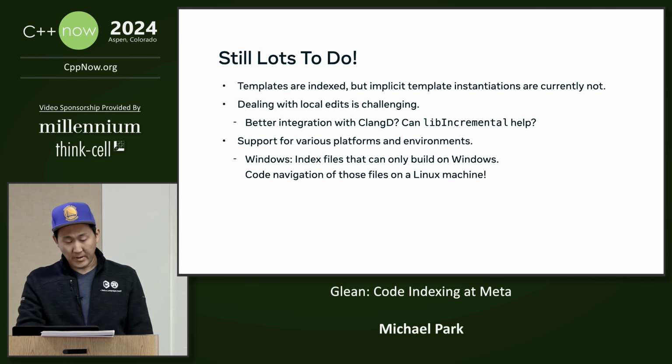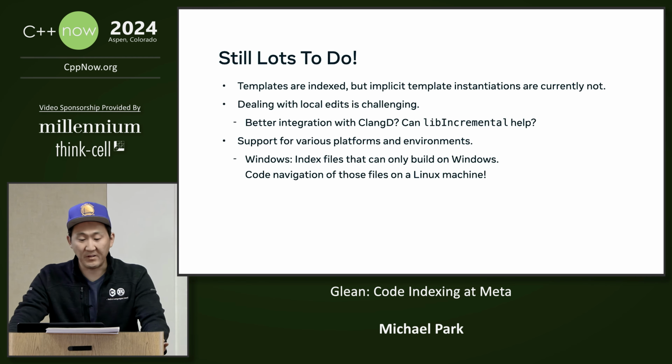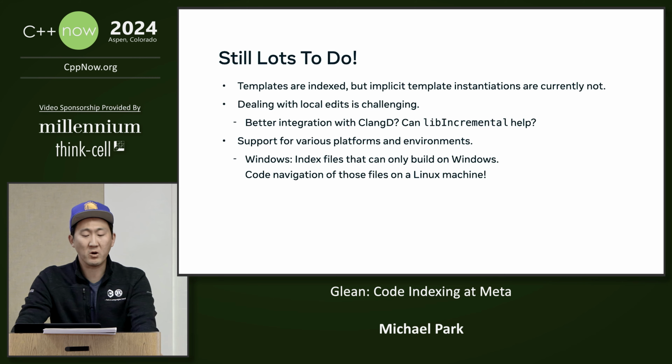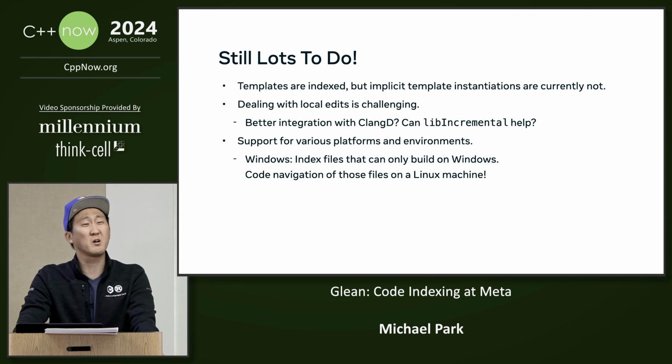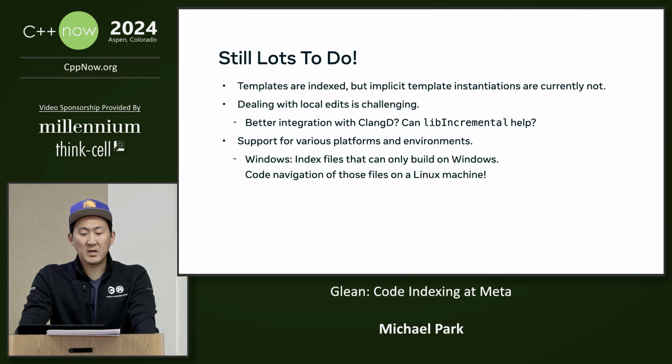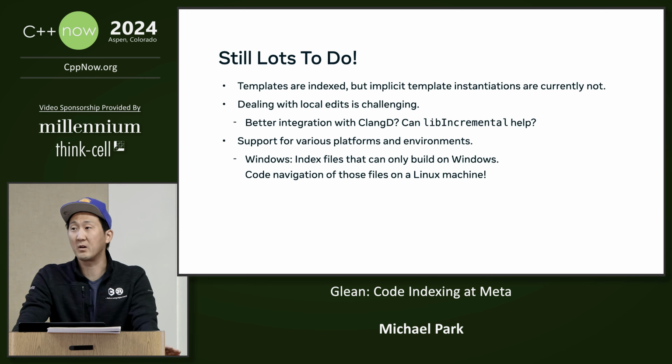So there are other things like support for various platforms and environments. I am currently in Windows hell trying to migrate the indexer to build on Windows. It's been a miserable experience, but I'm doing it. So the idea is to index files that can only build on Windows.